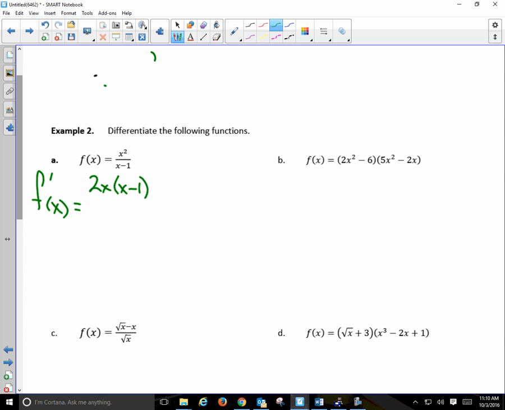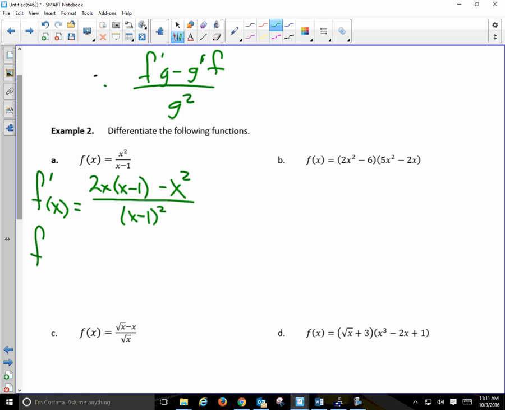F prime g minus g prime f all over g squared. Minus, what's the derivative of the bottom function? 1 times the top left alone, all over the bottom squared.